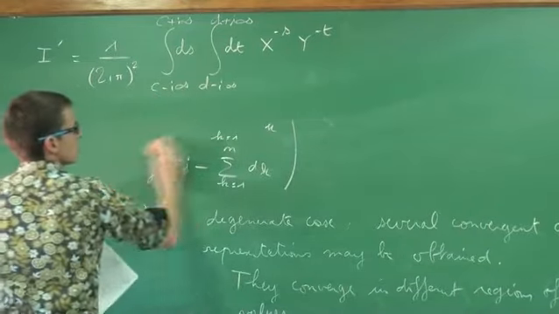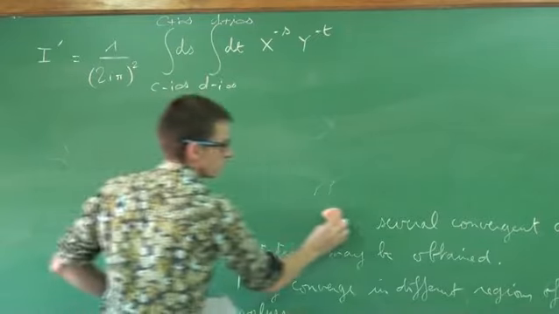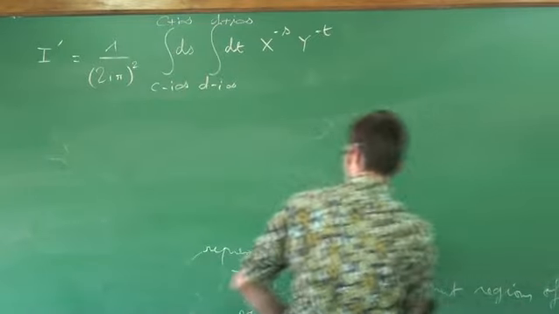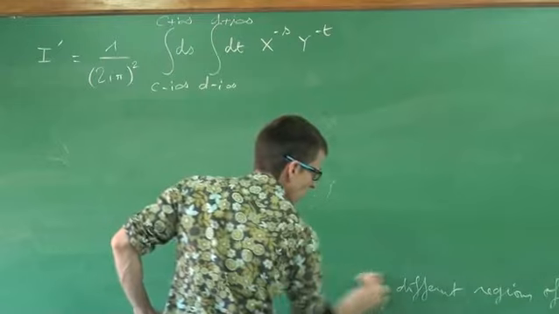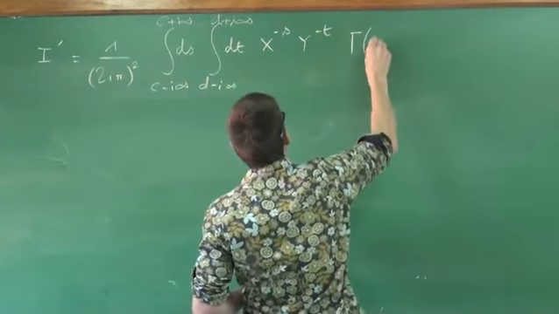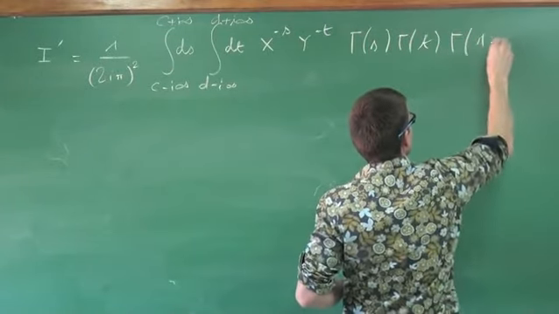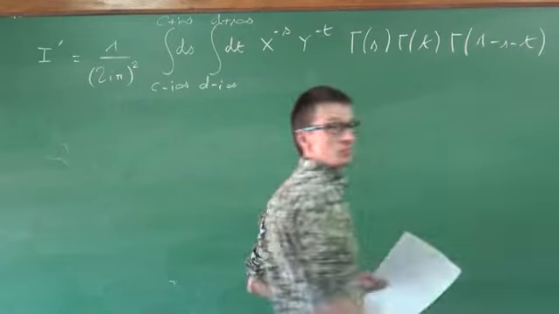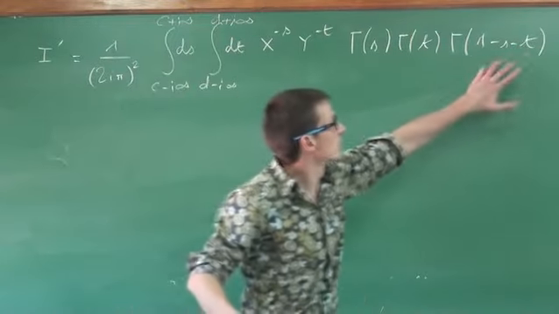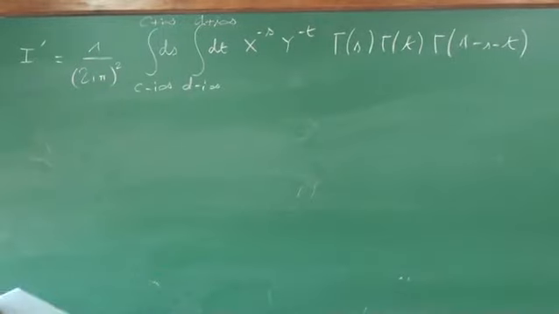We are going to consider the following simple integral. Gamma of s, gamma of t, gamma of 1 minus s minus t. So there is a mixing of the variables in this gamma function. It's very simple.